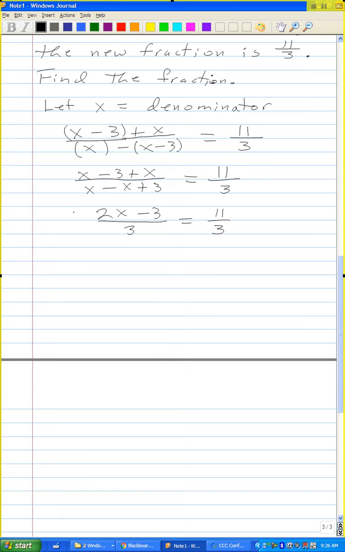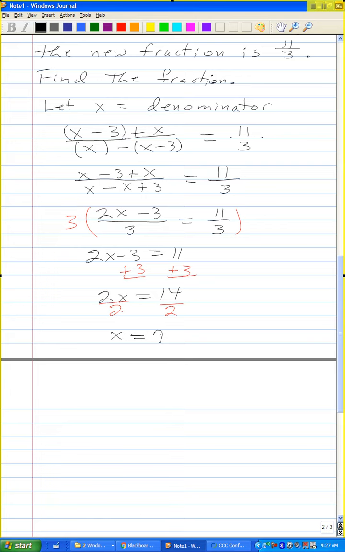Let's multiply both sides by 3, and I get 2x minus 3 equals 11. Add 3 to both sides, so 2x is equal to 14. Divide both sides by 2, and so x is equal to 7.